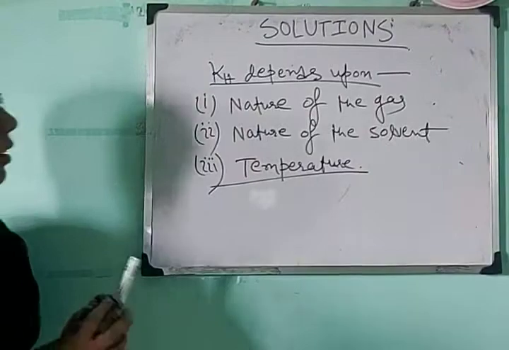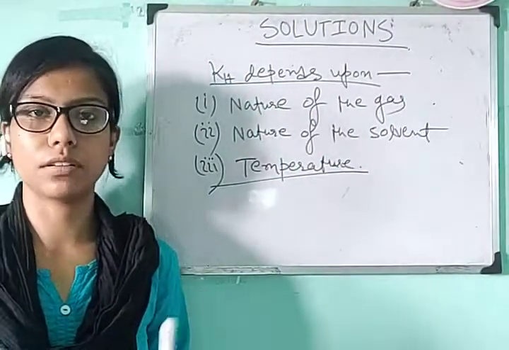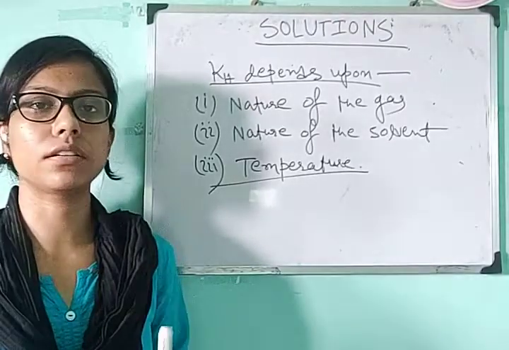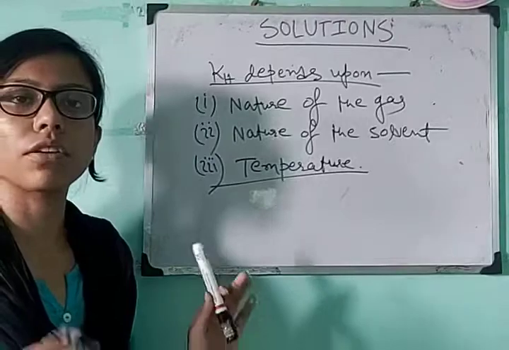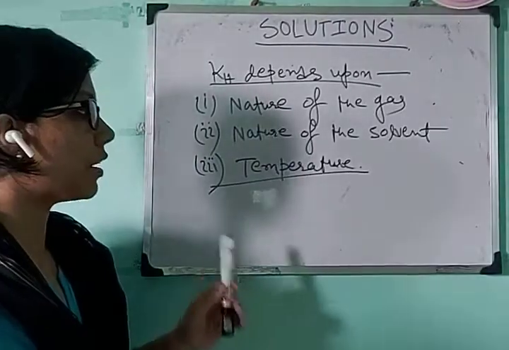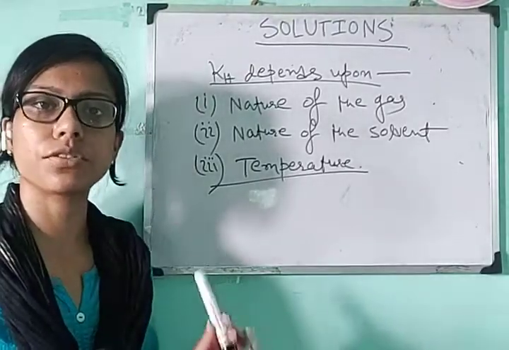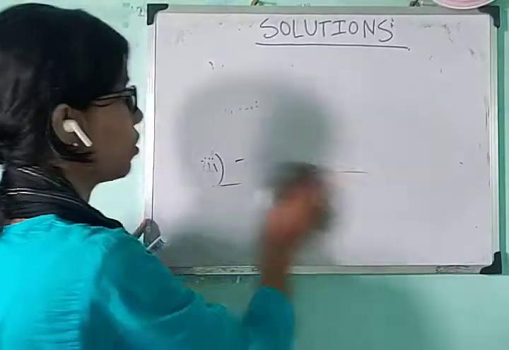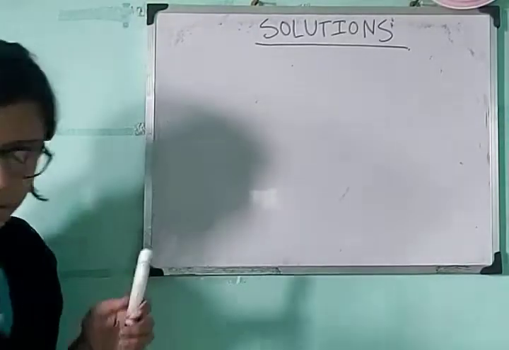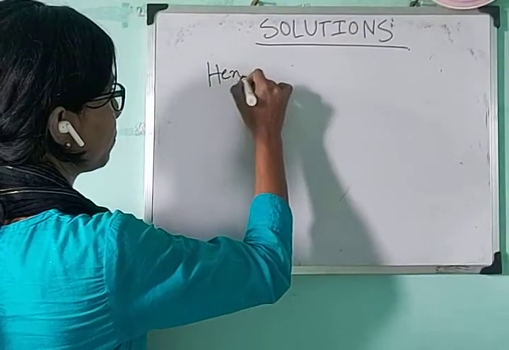Now, Henry's law will not be valid in some cases. There are some restrictions for Henry's law, so we'll study when Henry's law is actually applicable. We can give the heading: Henry's law will not be applicable.